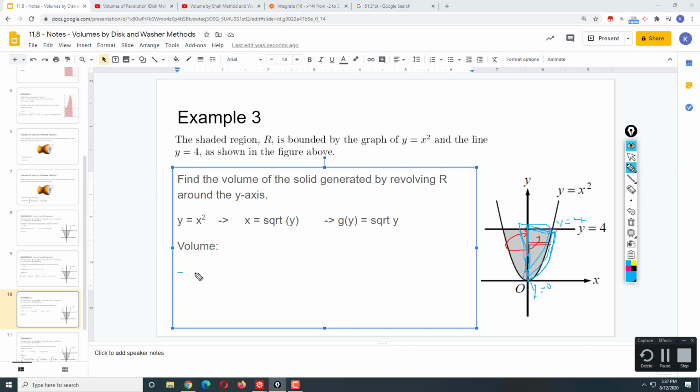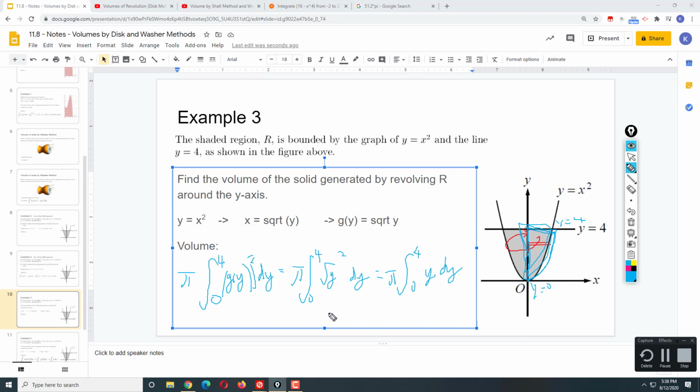It's going to equal pi times, we're integrating from 0 to 4 of r squared. r is g of y, squared, dy, not dx, which is equal to pi times the integral from 0 to 4 of square root of y squared dy. The square root and the square cancel, so it's just pi times the integral from 0 to 4 of y dy.